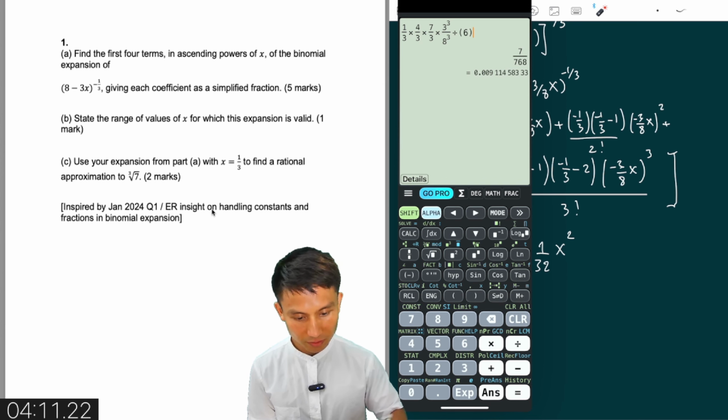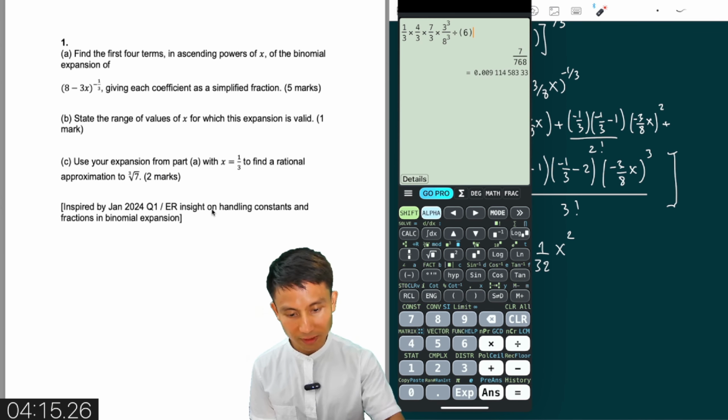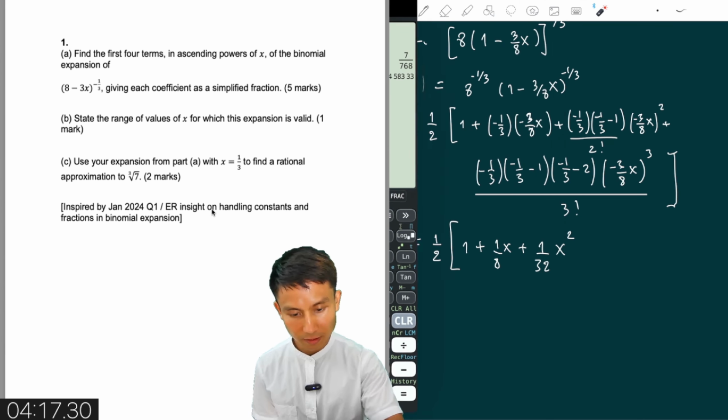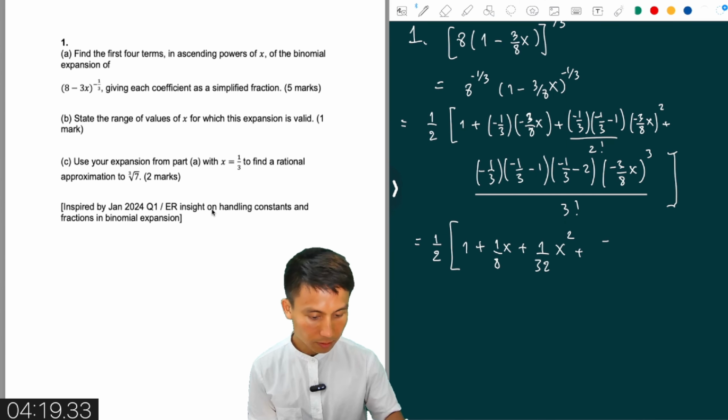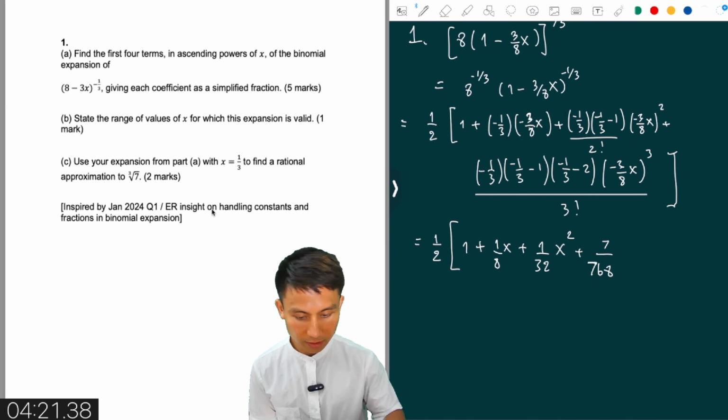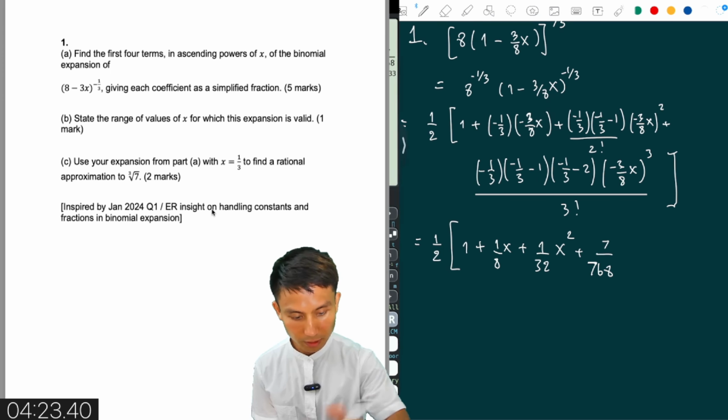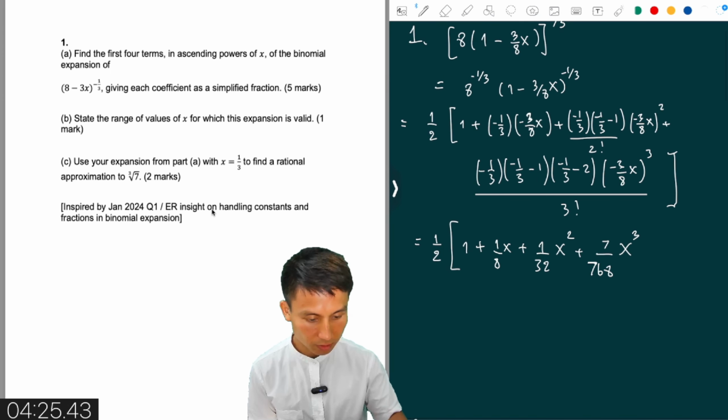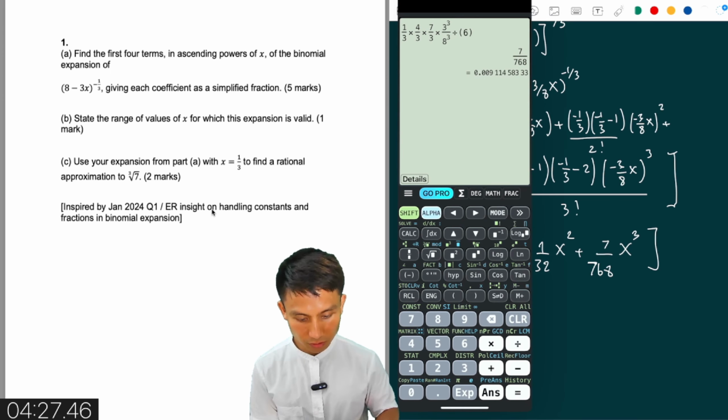There you go. Plus 7 over 768 x cubed. I'm also going to check the third term there.